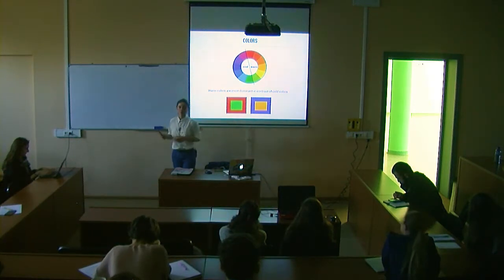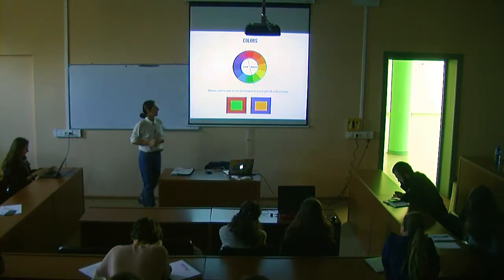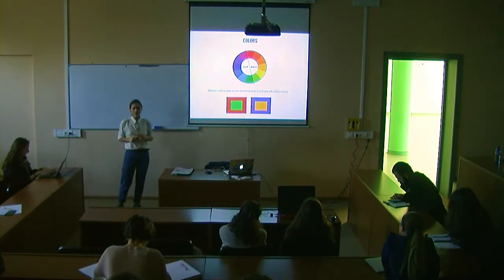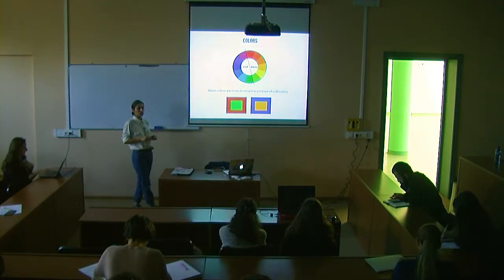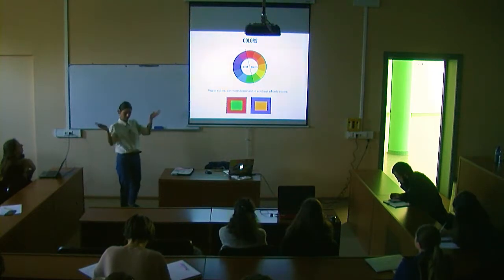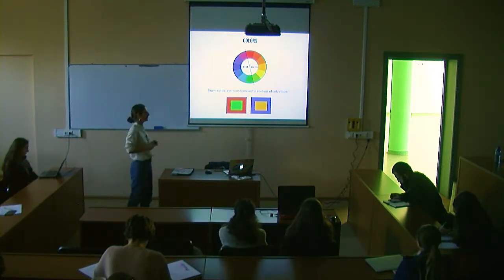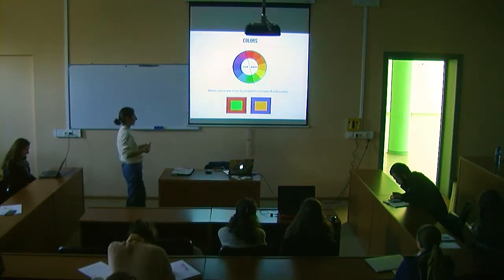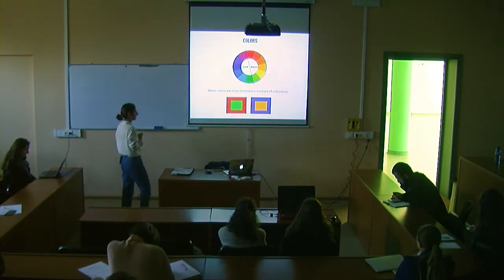If it's closer to yellow, then it's a warm color. And how are we using those cool and warm colors? When we want to create some warm emotions, we use warm colors. It's obvious. And when we want to create some cool emotions, we use cool colors.